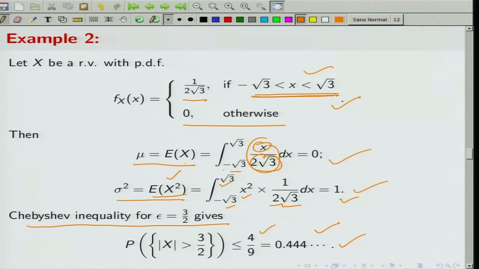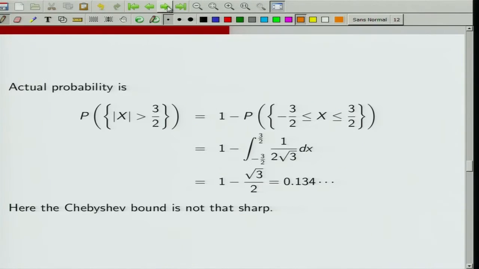Now let us try to calculate this probability exactly. So the probability of mod x greater than 3 by 2 is the same as 1 minus the probability of mod of x less than or equal to 3 by 2. But the probability of mod x less than or equal to 3 by 2 is the same as x lies between minus 3 by 2 to 3 by 2. So to find the probability of this, you have to integrate the PDF over this range.